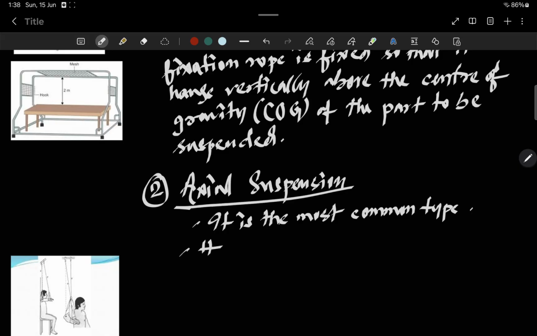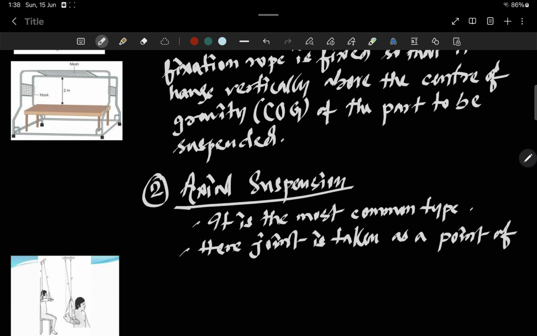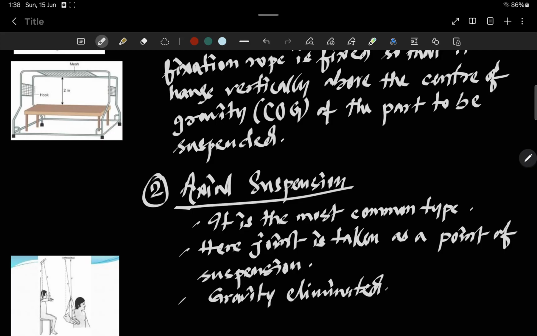Here joint is taken as a point of suspension. It is gravity eliminated.